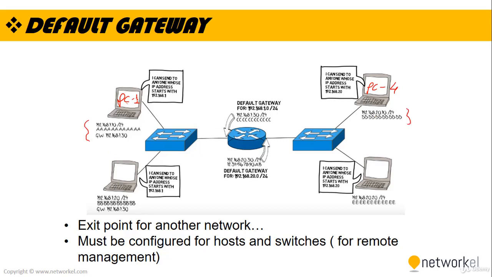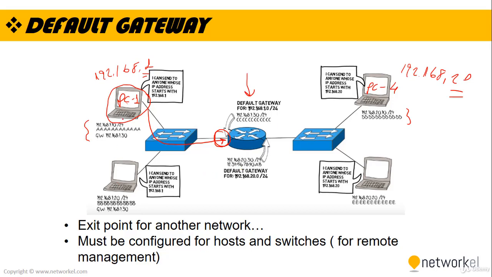The network ID of PC1 is .1. The network ID of PC4 is .20. I'm going to show you how I calculate these numbers in later sections. Then, because they have different network IDs, if PC1 wants to communicate with PC4, it directly throws the packet to the default gateway, which is the internal interface IP address of this router in the middle.